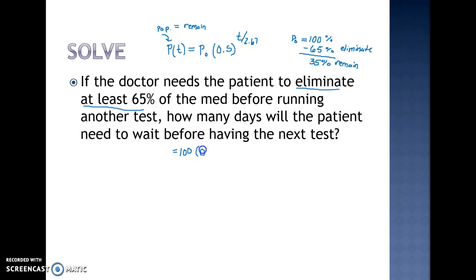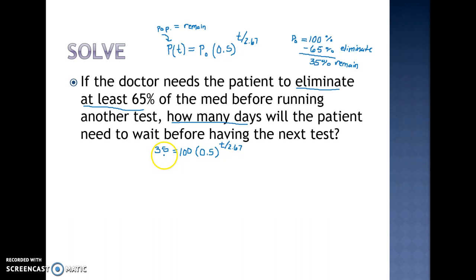I have that it had the half-life, so the 0.5, and I have my exponent t over 2.67, and my exponent has that t in it because the question here is how many days. So over here where P of t was, that is the population that remains, so that's where I'm going to put my 35, representing that they were at 100% and they went down to 35%.